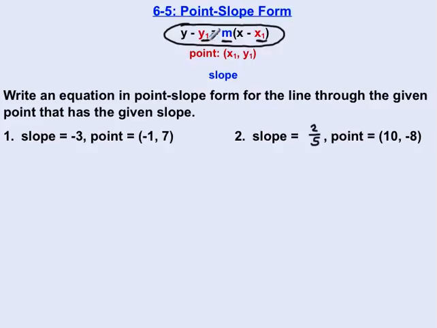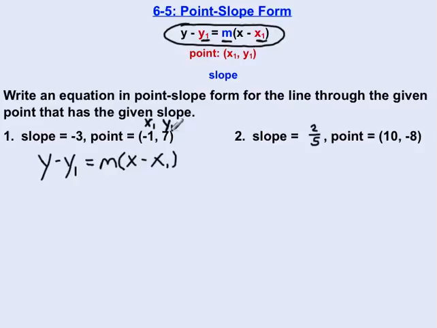In number 1, I'll rewrite the general form so you can see it. Y minus y sub 1 equals m times x minus x sub 1. The x sub 1 is the negative 1. The y sub 1 is the 7. That's the point, not just the plain variables that you see in the formula.